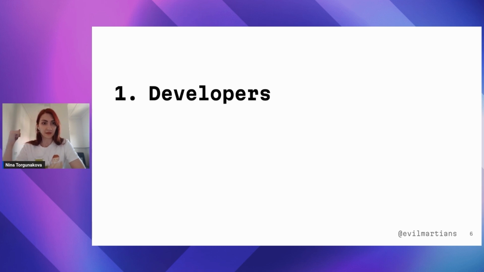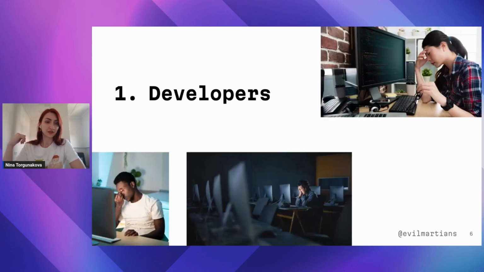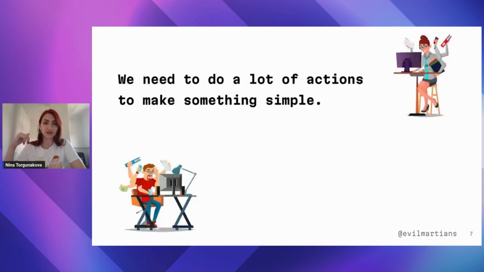The first type of people who suffer from the increasing complexity of web development is we developers. We are the first ones who meet the bad consequences of our own developments. And the thing is that we still need to do a lot of actions to make something simple.